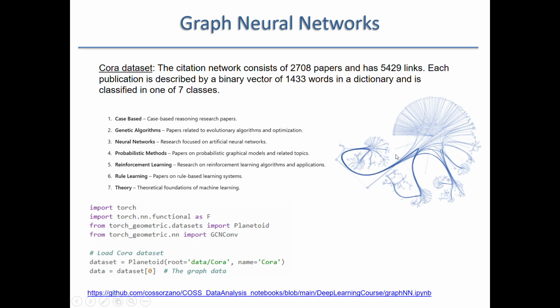Here we have an example at the level of code. We will work with the Cora dataset, the citation network of almost 3,000 papers that are citing each other. Each publication is described by a binary vector of 1,500 words in the dictionary, and each one of them is classified into one of 7 classes.